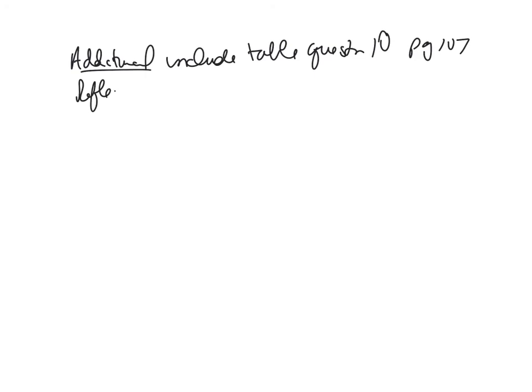So in your additional problems, I want you to include the table in question 10 on page 107, because I think that would be a good exercise for you to fill in. Do your reflection on this. This would be good to do reflection, and then your additional problems.